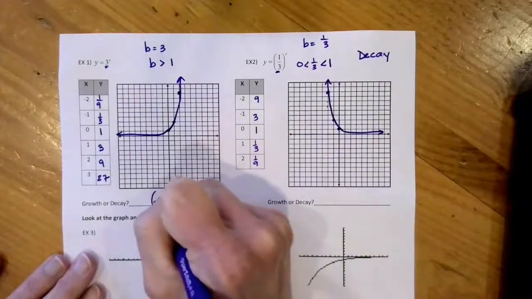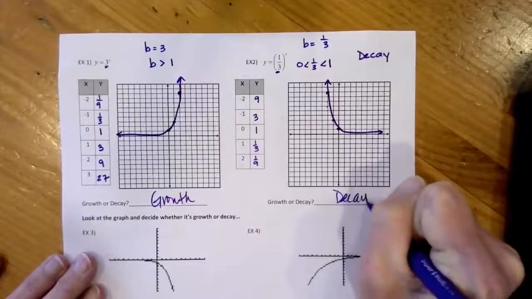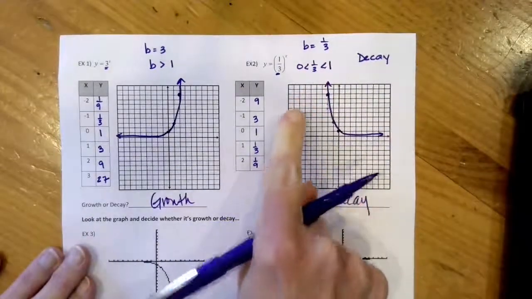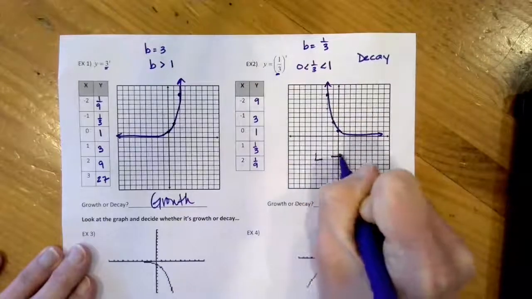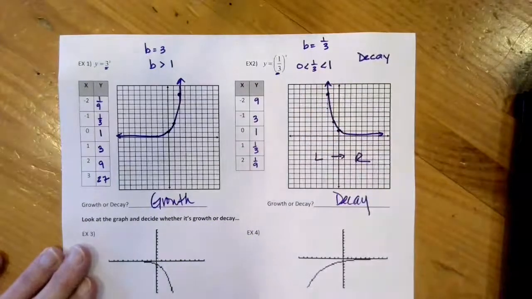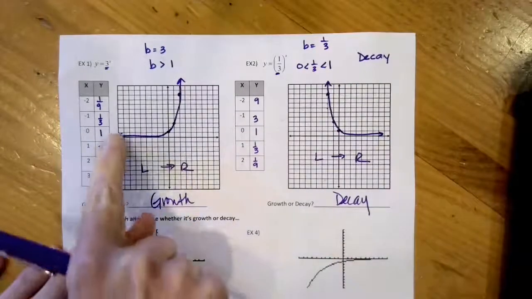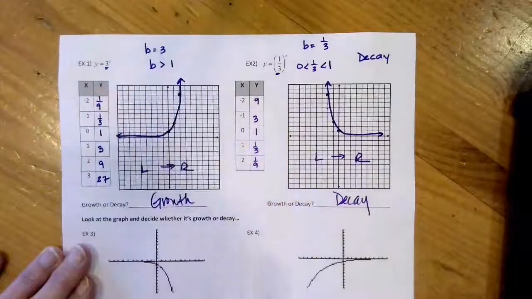Here is our example of growth, and here is our example of decay. As my graph moves from left to right, my output is approaching my asymptote. As my graph here moves from left to right, my output is approaching infinity.